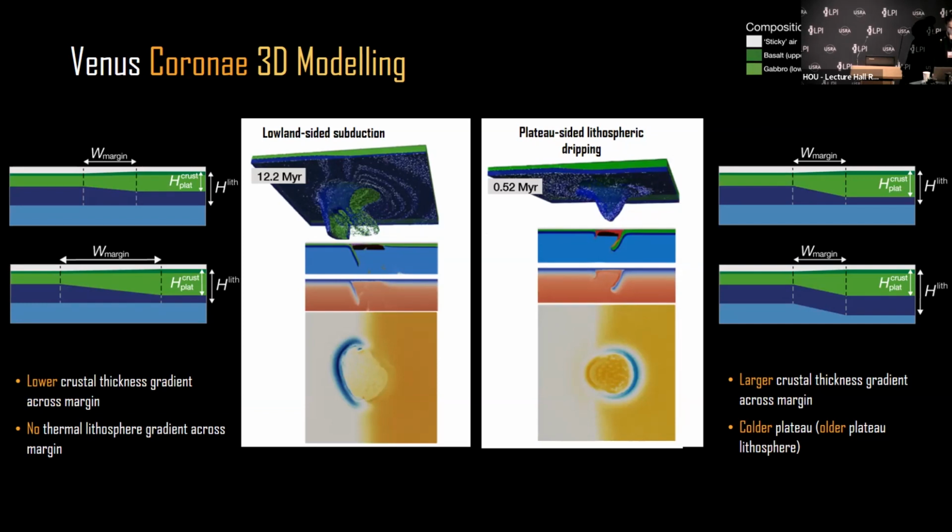So we are now analyzing these models further, and I'm going to end this talk and invite you to have a look at my LPSC talk, where the question will hopefully be answered why these models are so different and what we can say about Venus because of it. Thanks.